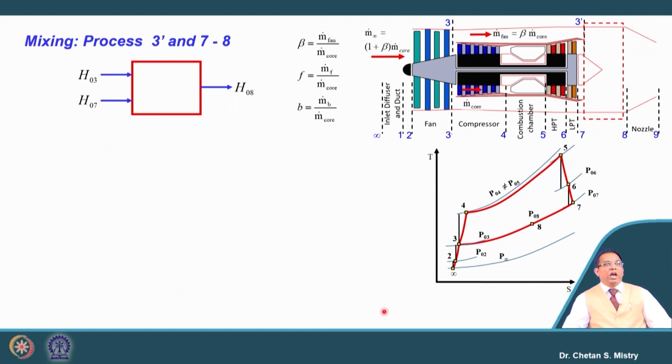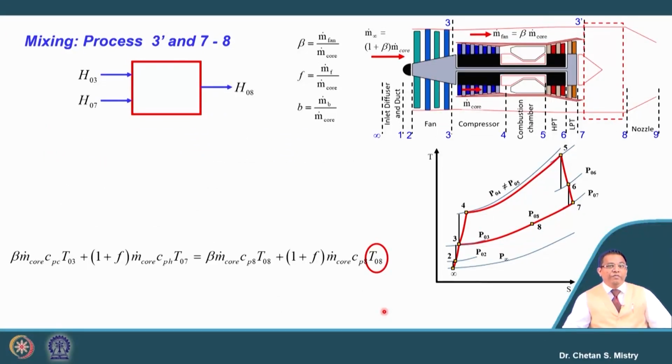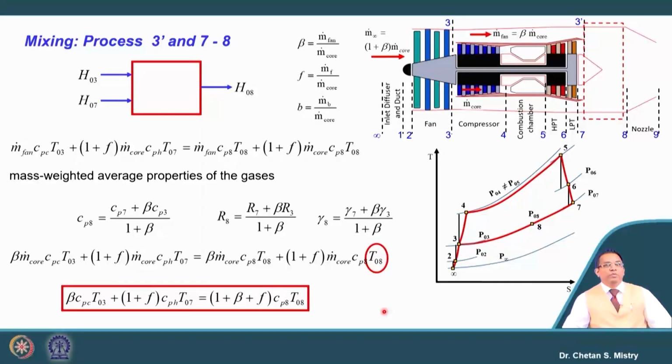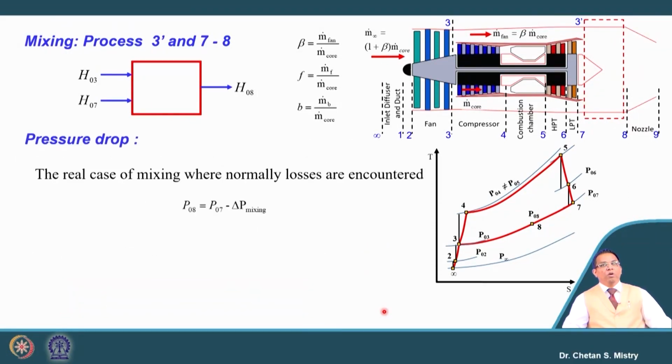Now, once we have this information, we have our question, where is my temperature T08, and this T08 is what we are calculating based on the energy balance we have. Okay. So, you can simplify this equation and you will get this as your requirement. Now, let us look at what is happening in terms of pressure.